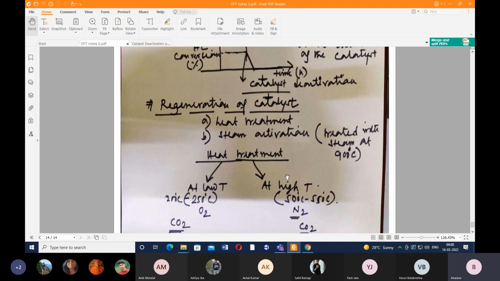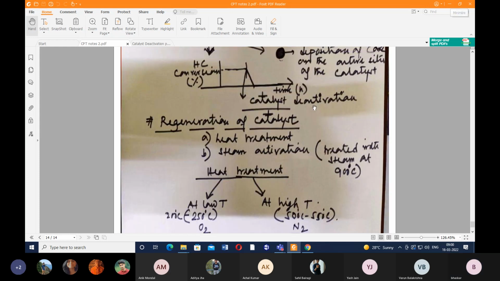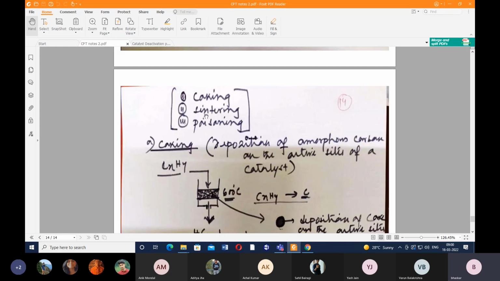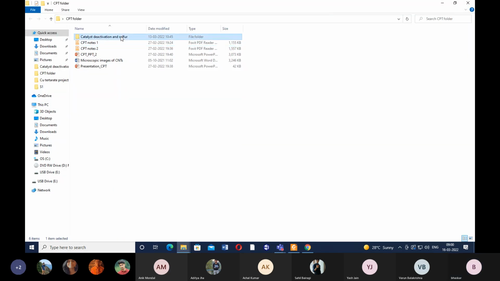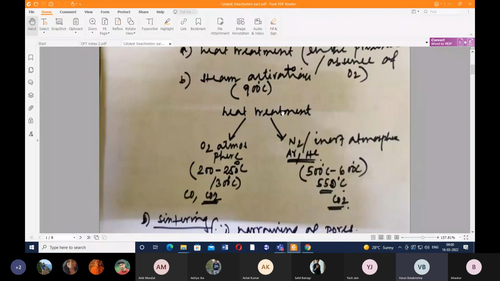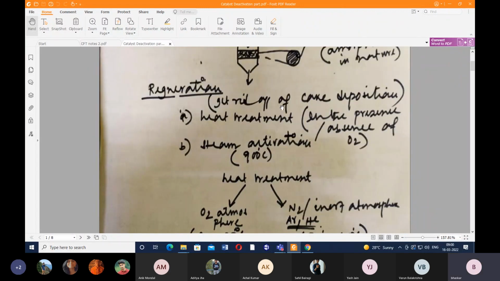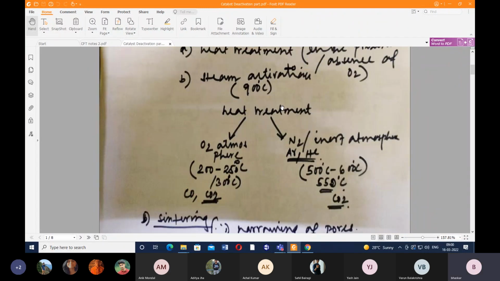Okay, so regeneration is done. What is next? Next, I'll talk about the sintering process. So tell me, what is sintering? That is melting of the catalyst due to high temperatures.